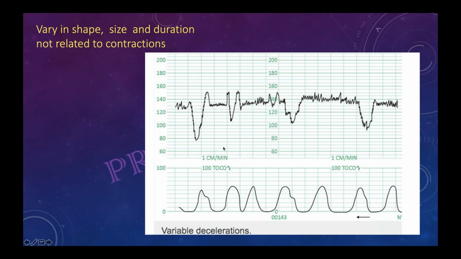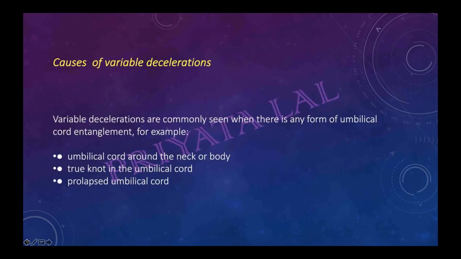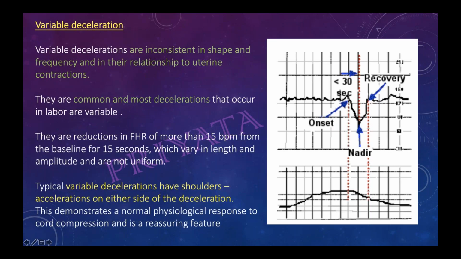Ma'am, would you explain the 30 seconds again? So this is the start of contraction, and this is the peak of contraction. It will be less than 30 seconds in variable deceleration, and it will be more in the other two types of deceleration.